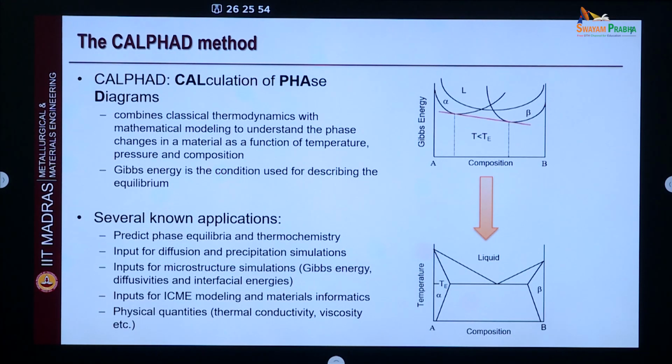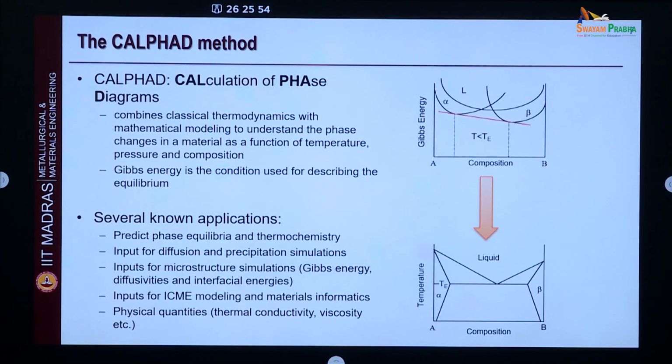This is the primary application of CALPHAD, but it also expanded to inputs for diffusion and precipitation simulations, for phase field modeling, that is microstructure simulation, and inputs for ICME modeling and materials informatics, meaning AI and ML types of applications.